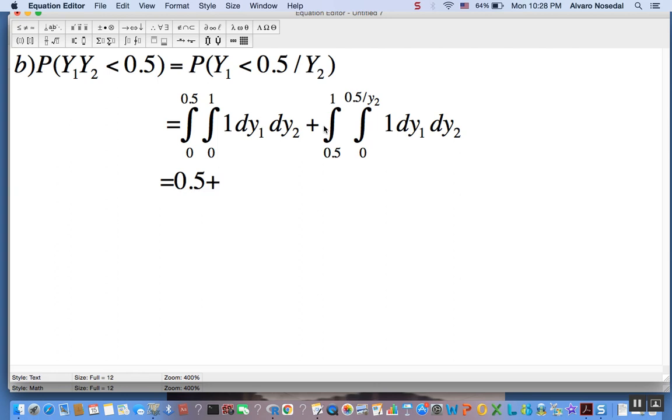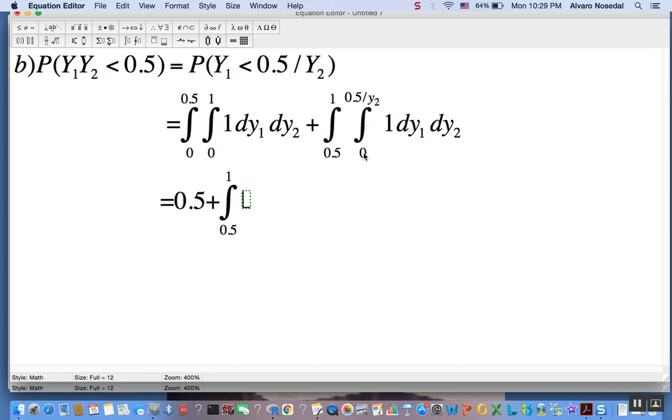It's not going to be that terrible, because you just have to deal with those integrals one variable at a time, right? So the first one is just the integral of 1 with respect to y1. That's going to be y1, evaluated at 0.5 divided by y2 minus 0.